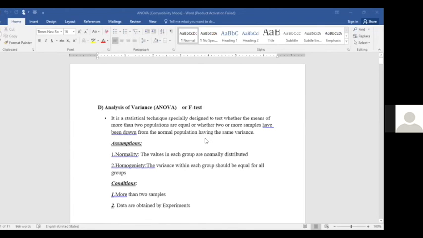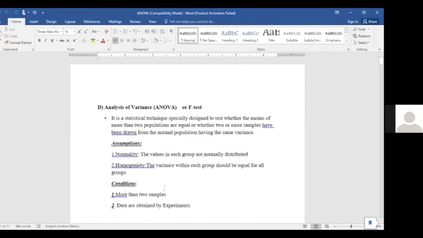But remember the assumptions. There are many assumptions, of which you have to test normality. This can be done by Kolmogorov-Smirnov, then skewness and kurtosis, and then Shapiro. You can test the normality, and then homogeneity.